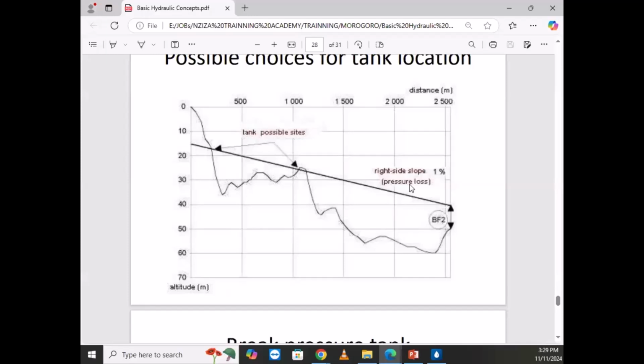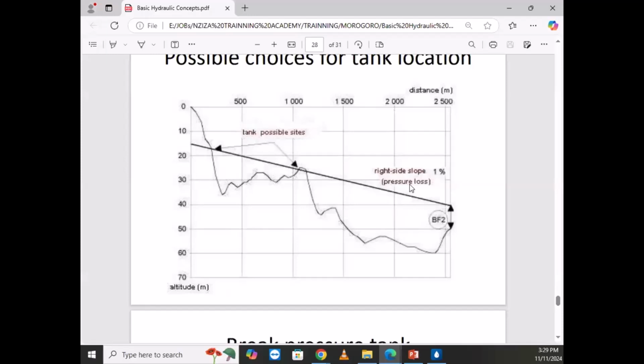That's good. Any other? Let's have ideas. Position 2 also, yes, because it is slightly higher in elevation. Position 2 is this one. Yes, the ground elevation is a bit high, and I suppose that if we raise the tank a little, water will reach there.